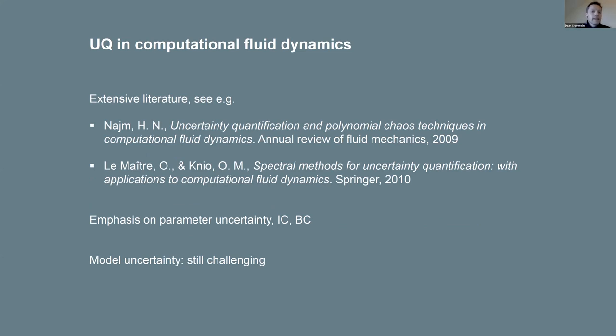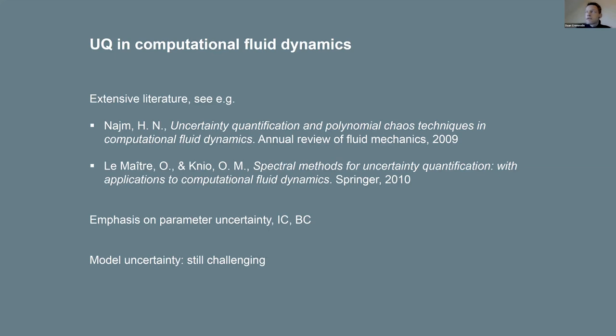Okay, now in computational fluid dynamics, uncertainty quantification is a topic that people have pursued already for some time. There's quite some literature on that. I've listed here two. One, a review paper from over 10 years ago, and another one, a book by Le Maître and Knio, also from over 10 years ago.